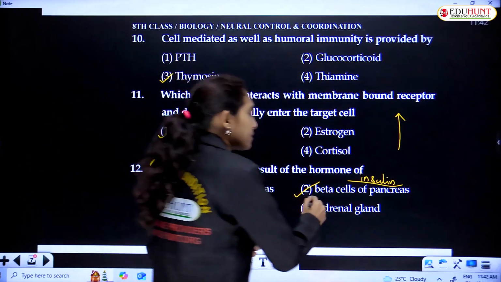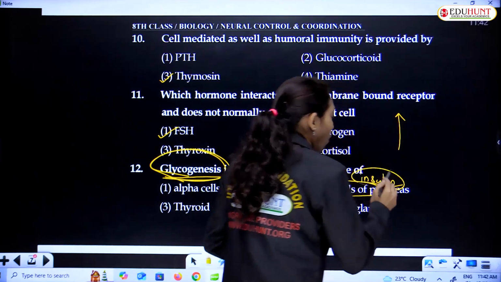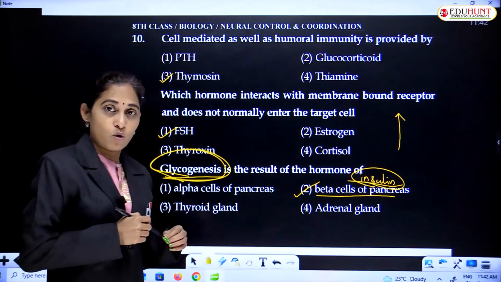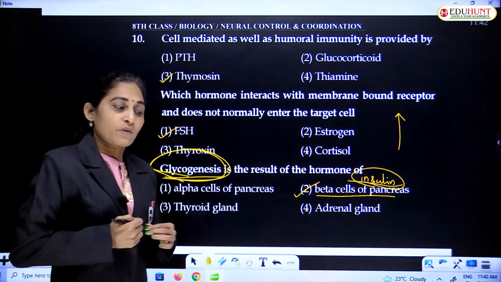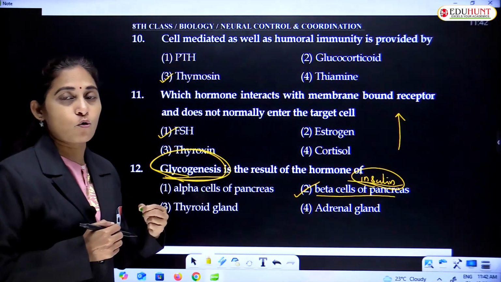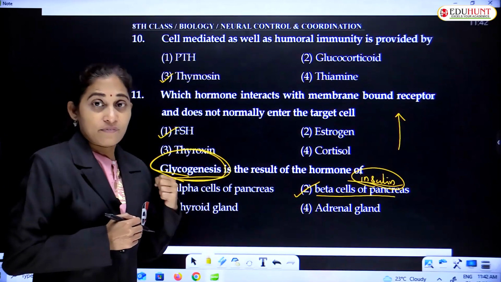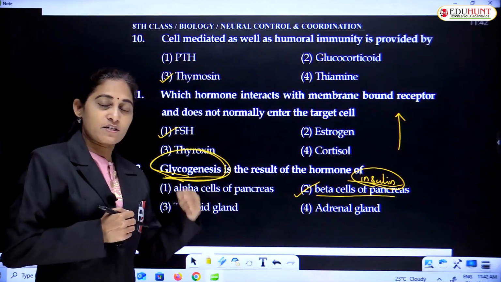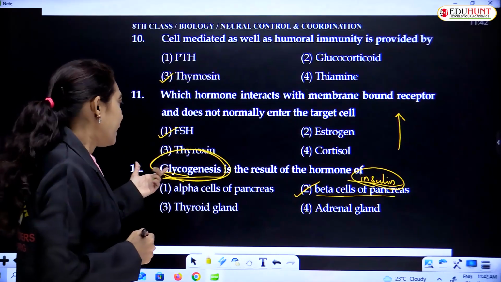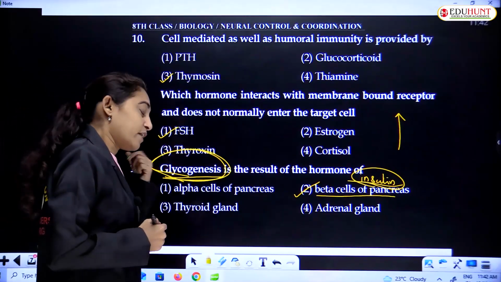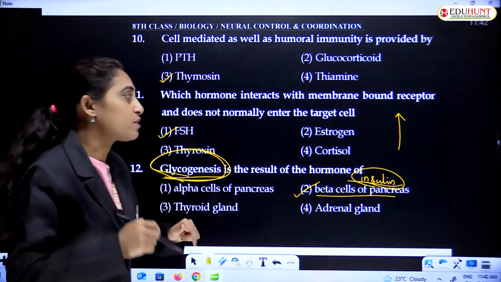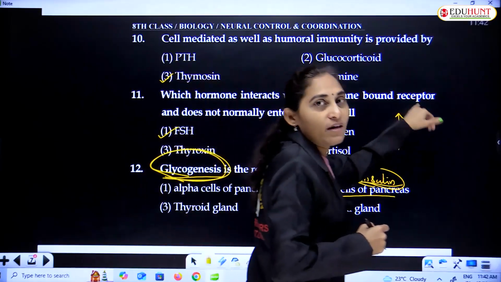But the beta cells, which secrete the insulin hormone, cause the cells to utilize the glucose present in the blood. That is, cellular utilization of glucose increases. In case of alpha cells, it reduces. That is why the glucose level rises.